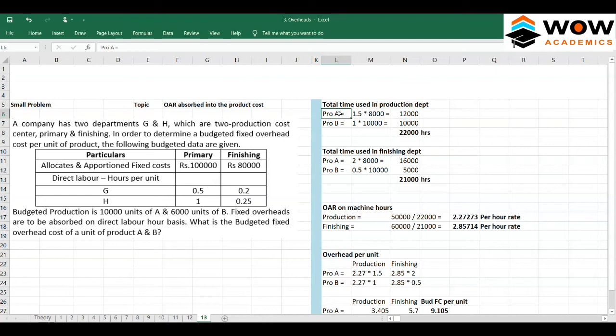So we have two products here, G and then we have H. So G now takes 0.5, and the total number of products produced is 10,000, and H, okay, I think the department name here is primary.